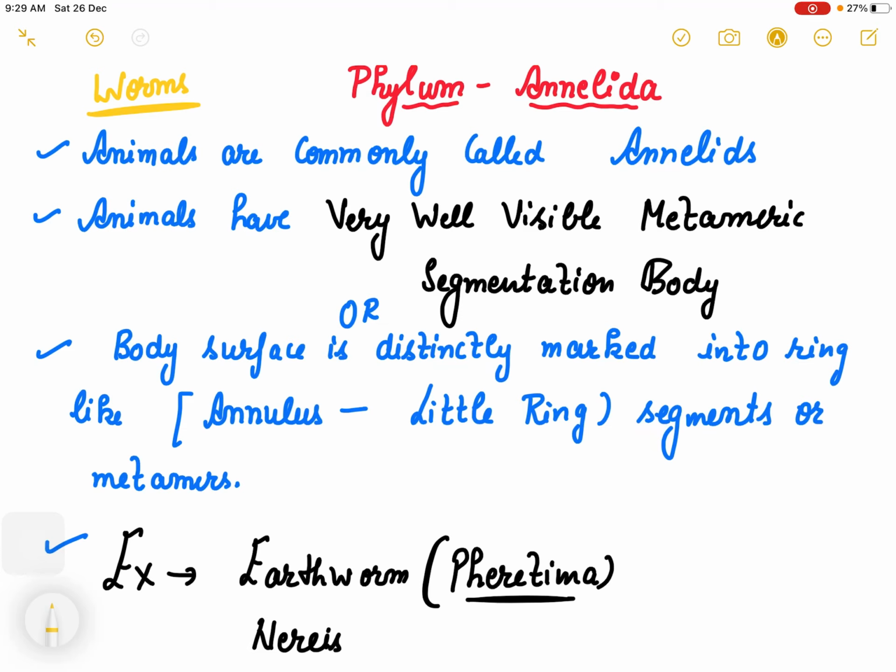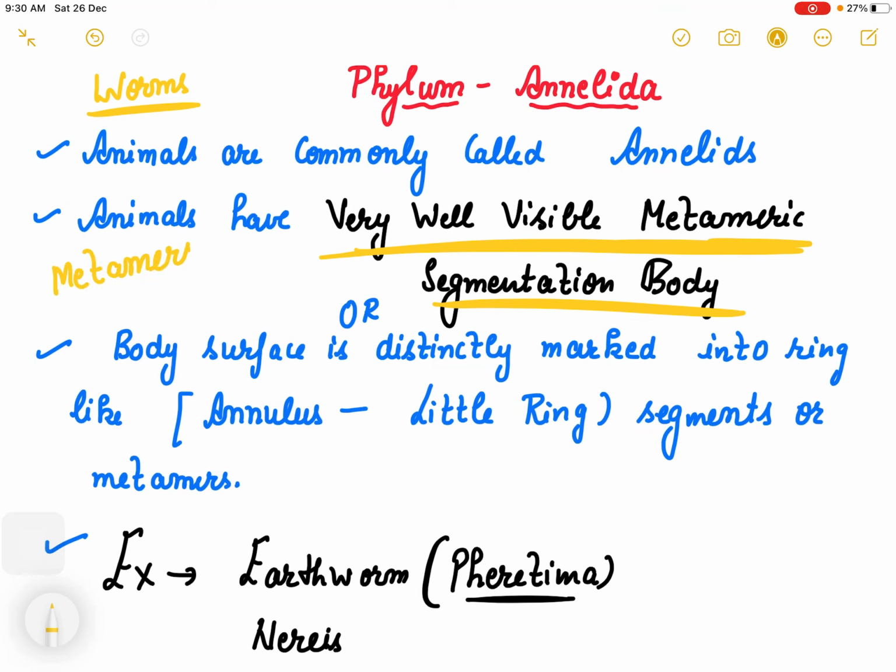Actually, the reason they are known as annelids is because of this word annulus, little rings. Annulus means little rings. That means the body is very well developed into segments, right? They have very well visible metameric segmentation, and the body surface is completely marked with these metamers.